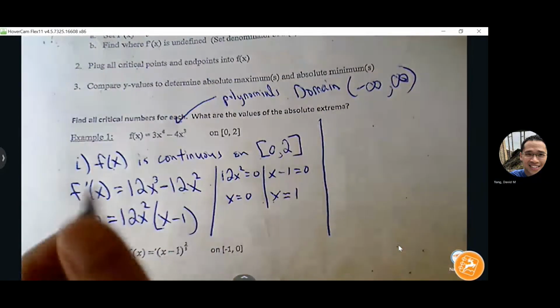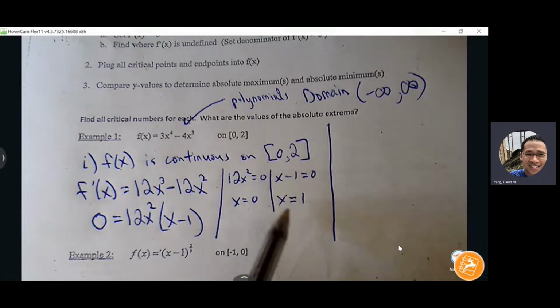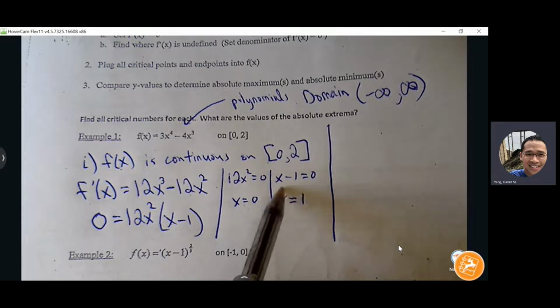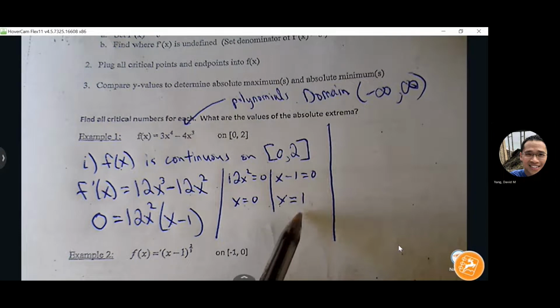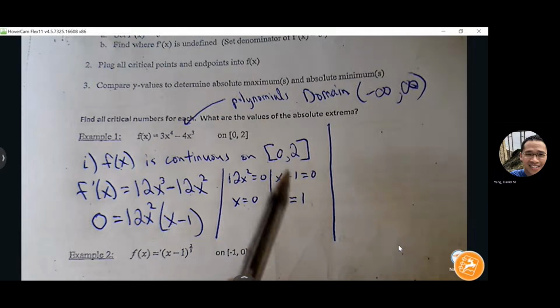But how many numbers are we going to test? 3, okay. There's a duplicate, so we only need to test 0 and 2. And what is it about 1 that we know that we should test this as well? You talk about the location of that value. That is important. Good, it's on the interval.